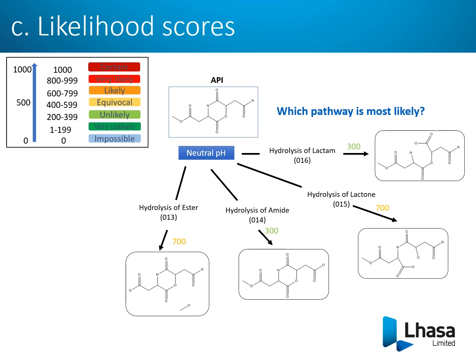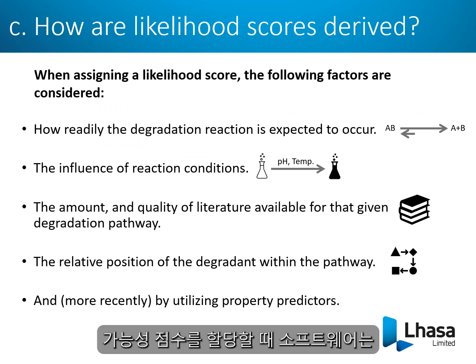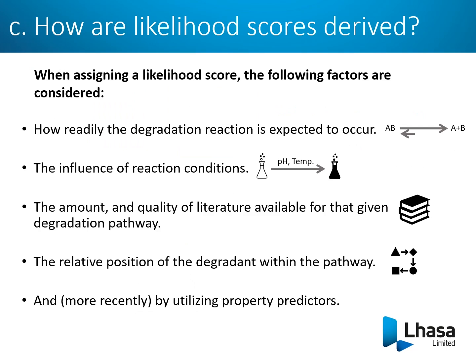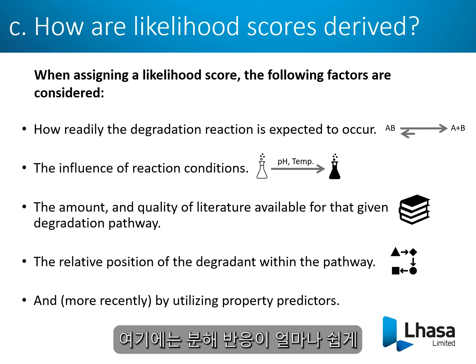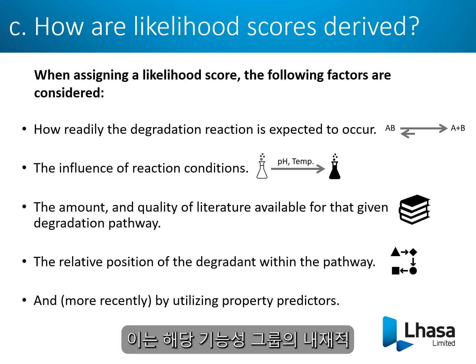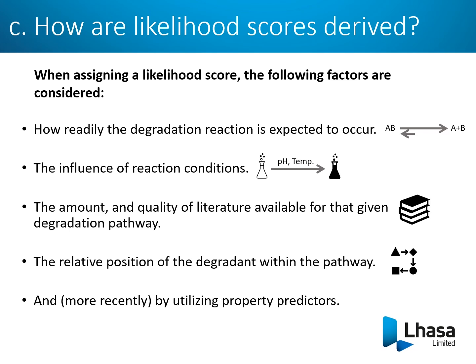When assigning a likelihood score, the software will consider some key factors. These include how readily the degradation reaction is expected to occur. This relates to the intrinsic chemical reactivity of the functional group in question. Secondly, the influence of reaction conditions.